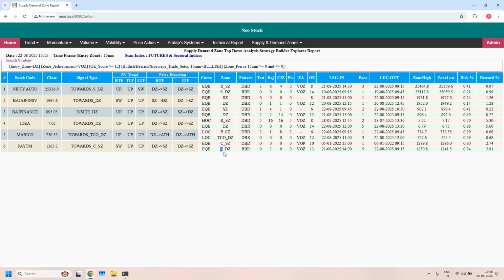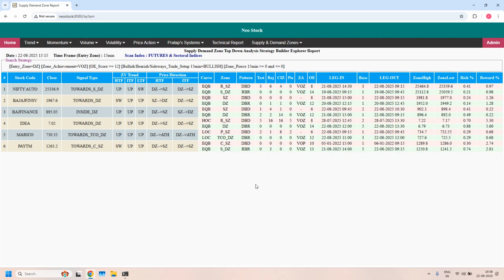So total we got 6 stocks. Out of these 6 15 minutes demand zones, how many have a higher probability of success? That we will filter based on different zone confluence and EMA confluence strategies that you learned in lesson 27.